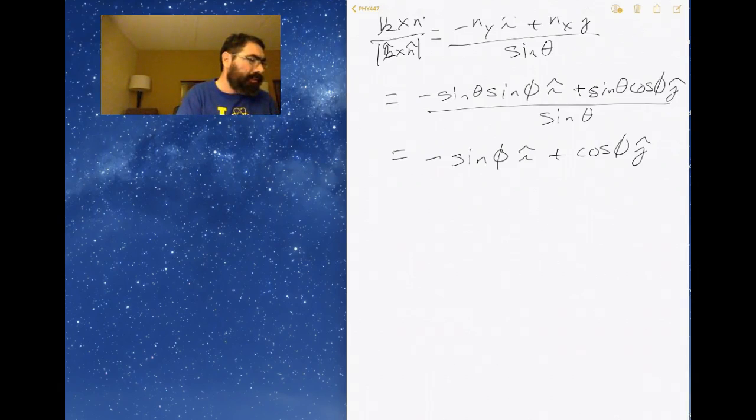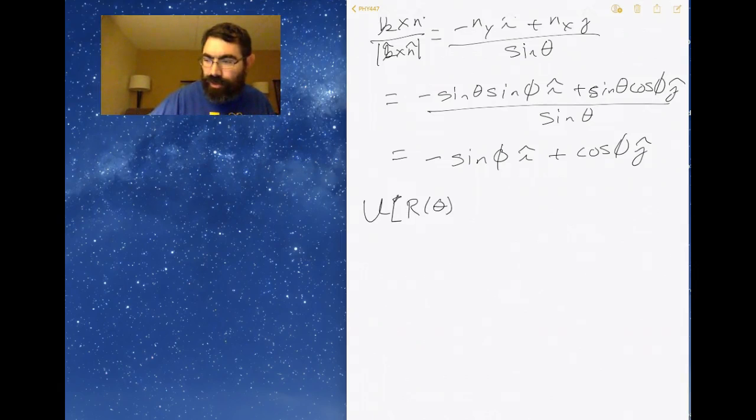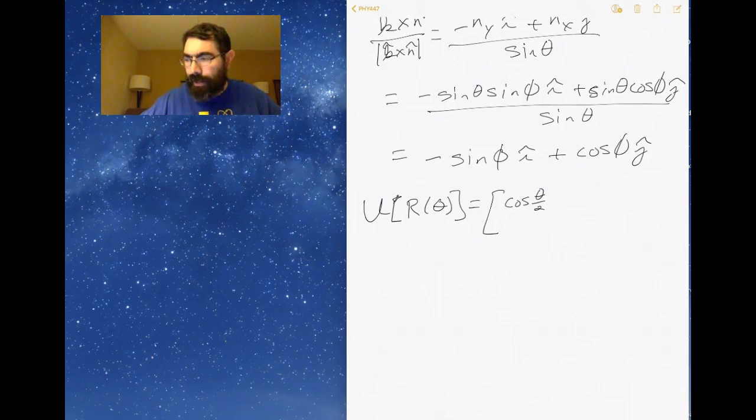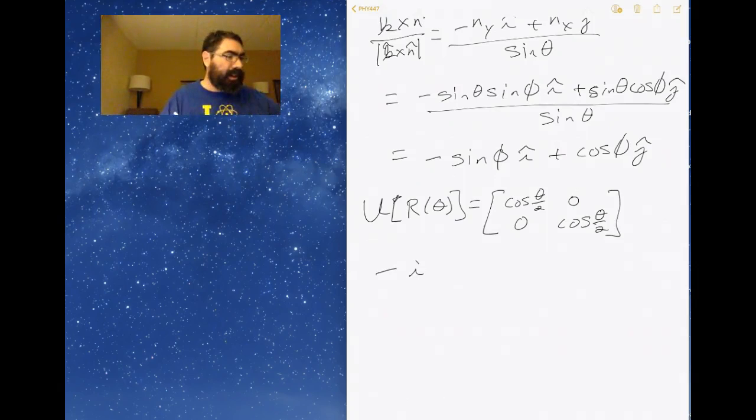And so now, if I put this all together, my operator U, which is causing the rotation, is going to be the identity times the cosine: cosine theta over 2, 0, 0, cosine theta over 2, minus i times the sine of theta over 2 times what we have written above, minus sine phi times i plus cosine phi times j.